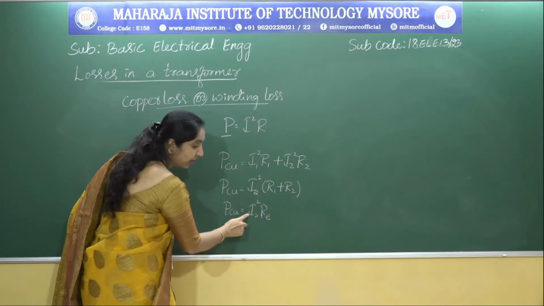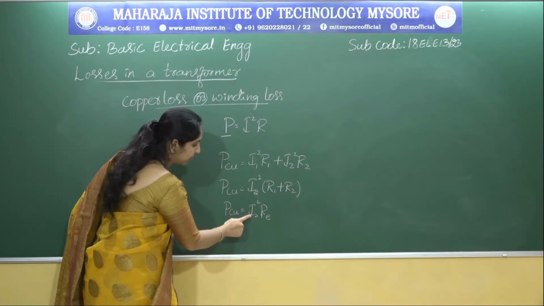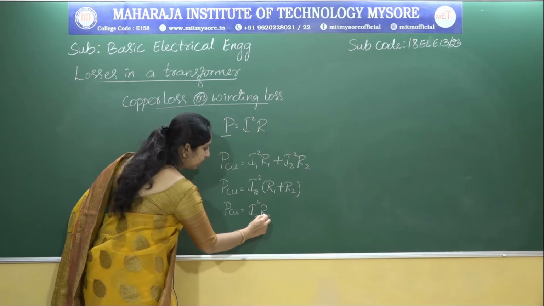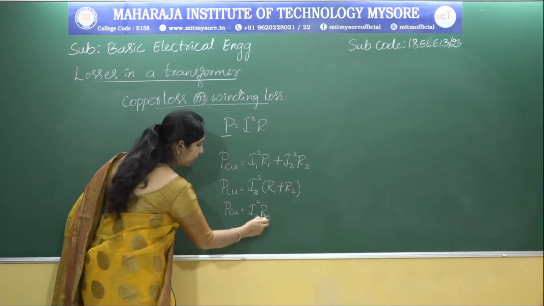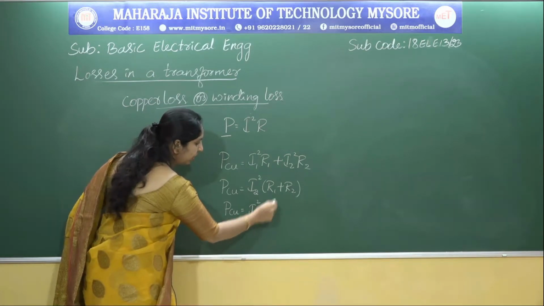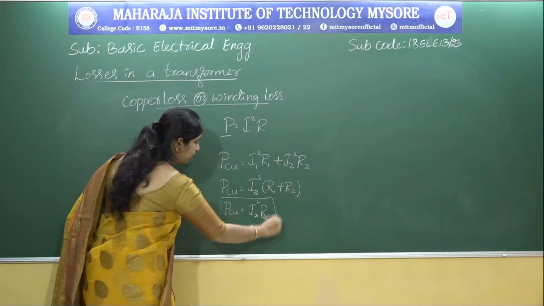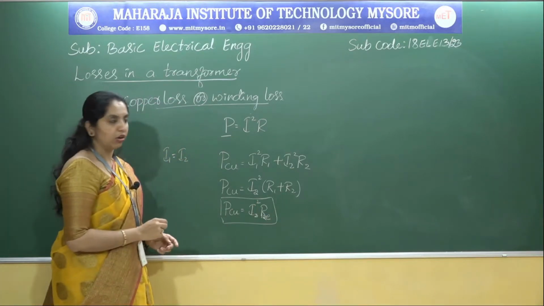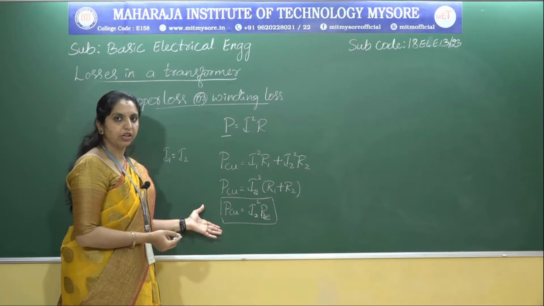Since we have expressed the current as I2, I'll write it as R2e. Why R2e? Since we have written 2 here, I have written 2, and e indicates the equivalent resistance. This is nothing but copper loss, or winding loss.